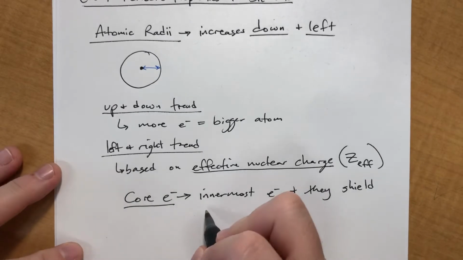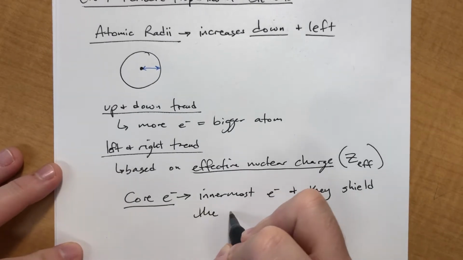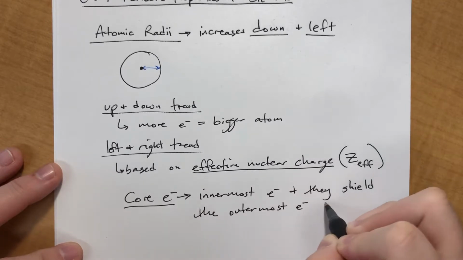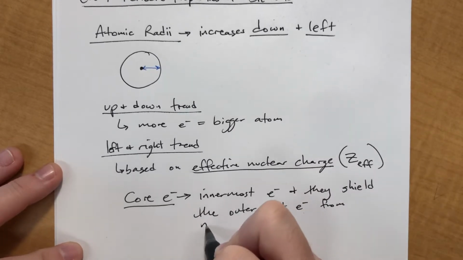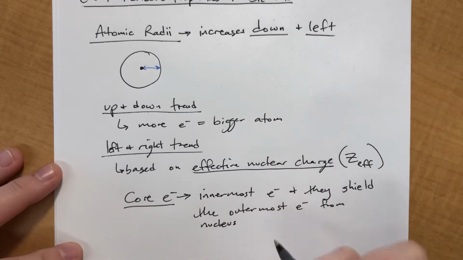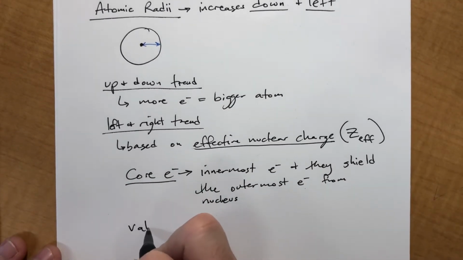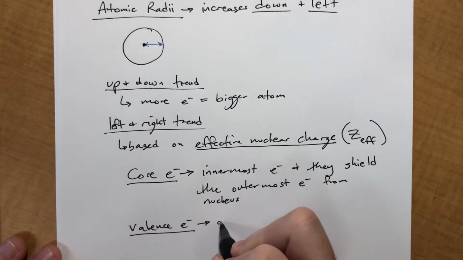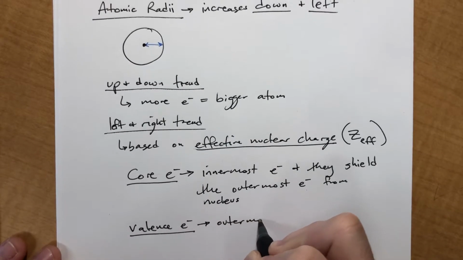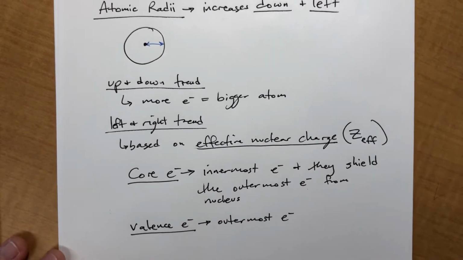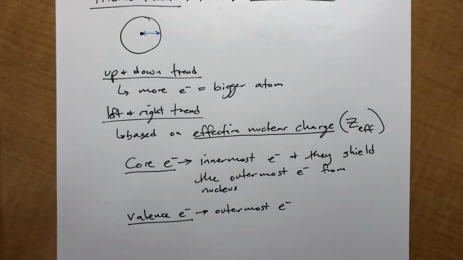Valence electrons are the outside electrons, the outermost electrons. And basically, they don't provide any shielding at all.